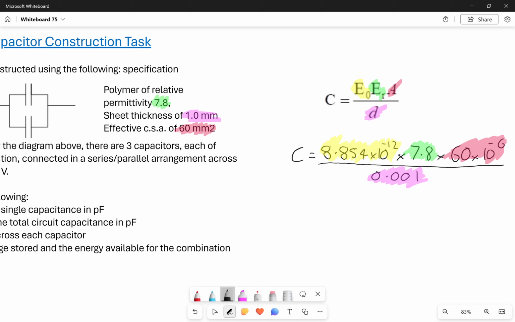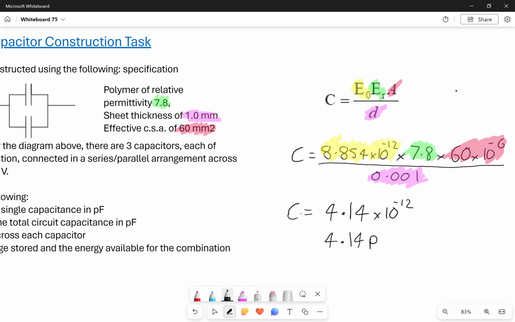Now if you put all those values into your calculator and press the equals button, hopefully you should be given a value of 4.14 times 10 to the minus 12. Recalling what we know about engineering notation and prefixes, that times 10 to the minus 12 is the same as pico.